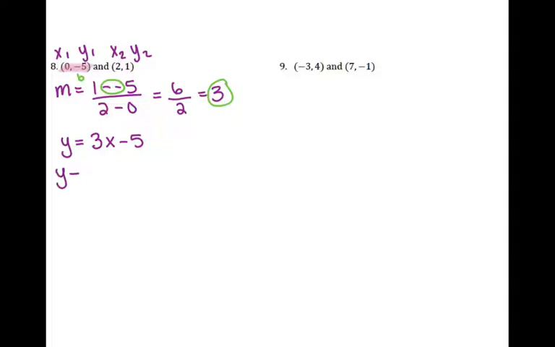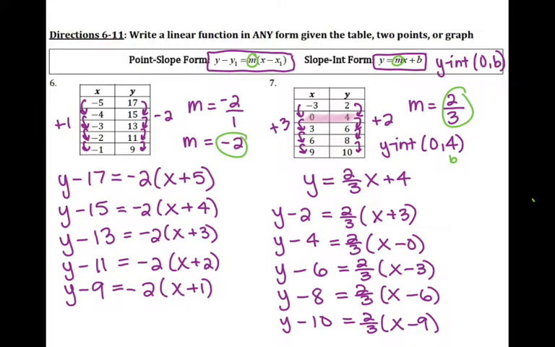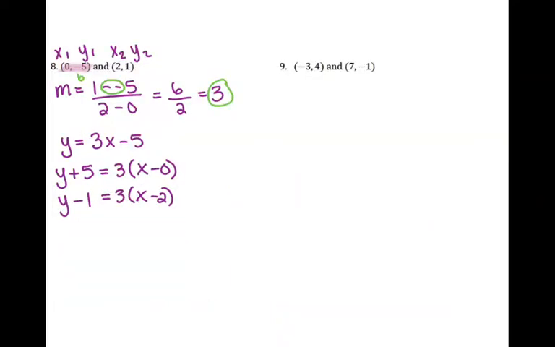So y minus -5 equals m, x minus 0, y minus 1 equals m, x minus 2. So again, I am just following these two formulas that we had at the top over here. I am replacing my m and my x1 and my y1, which represent any point on your line or any point that's given to you.